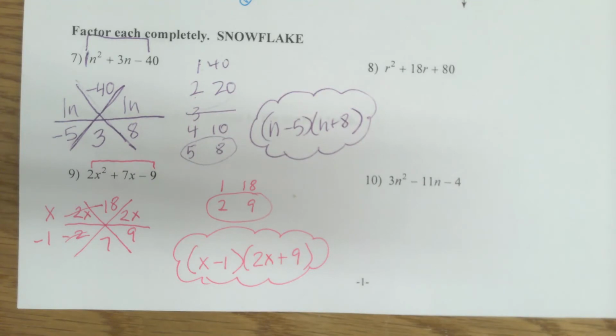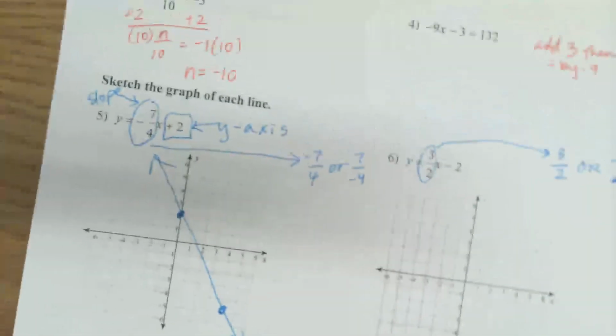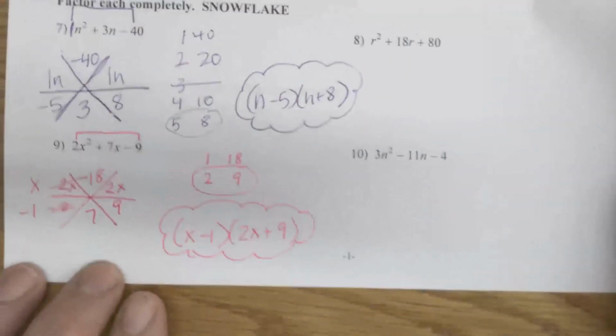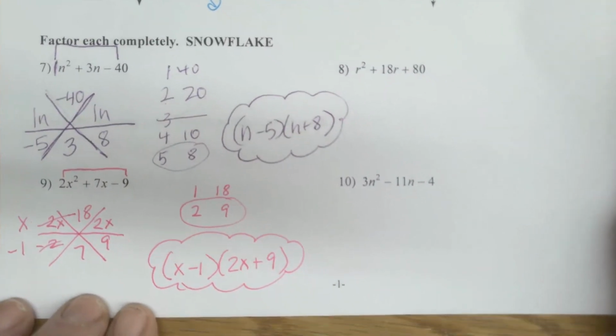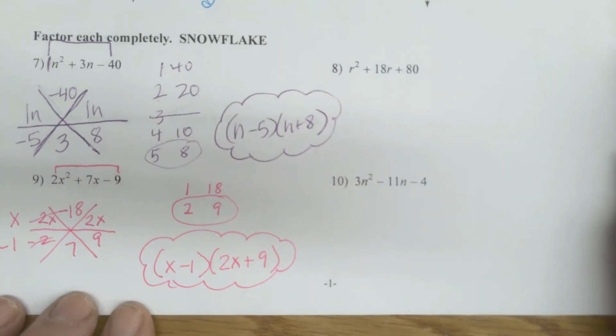Up next, type of problem that most of you hated. Yeah, really. I'm going to do that to you. Oh, I'm sorry. Quadratic formula. Wait, no, that's not the worst. The next one.